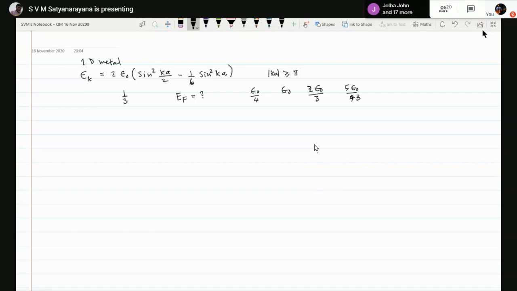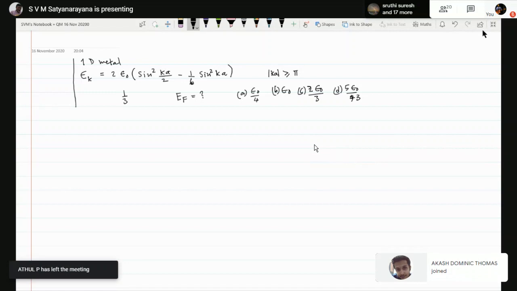So what did you try? Yes, I tried with the density of states, g(epsilon) d epsilon equals twice, because it's an electron with spin degeneracy 2, twice L by 2 pi into dk, but I didn't go very far.